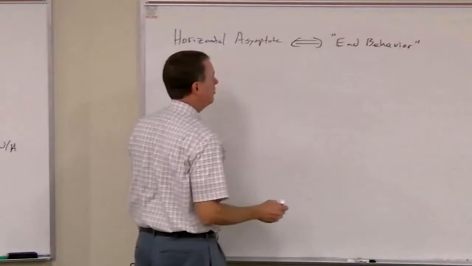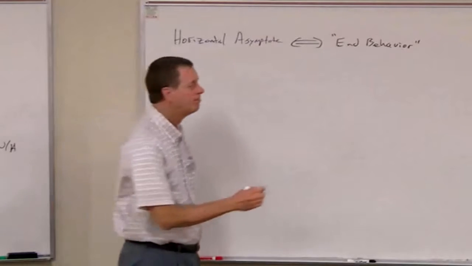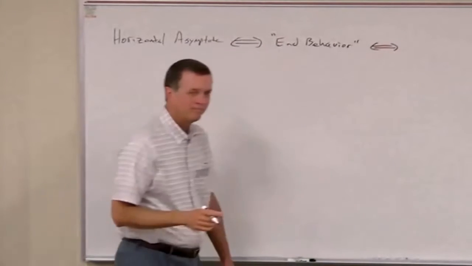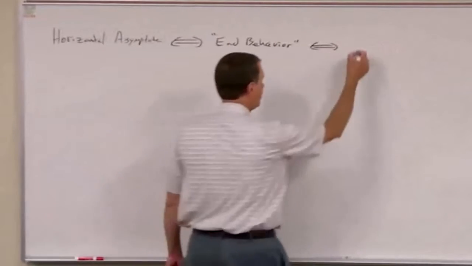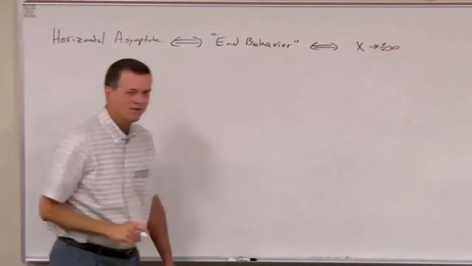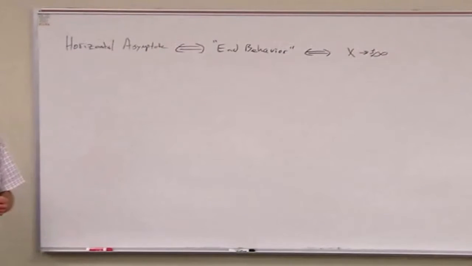But end behavior requires what? X going to infinity. In fact, plus or minus infinity. So when x gets large in one direction or the other, that's called the end behavior.